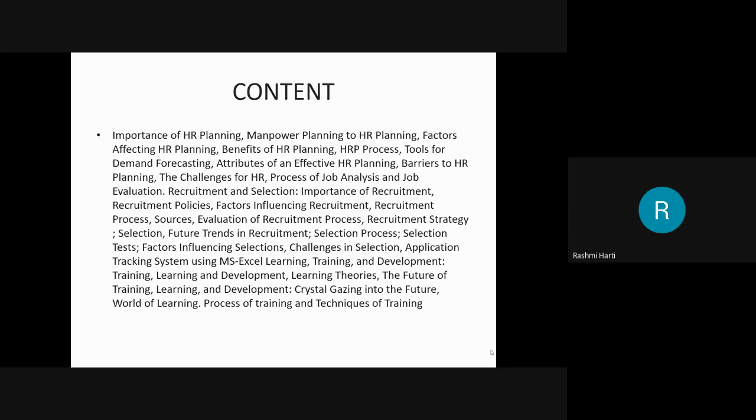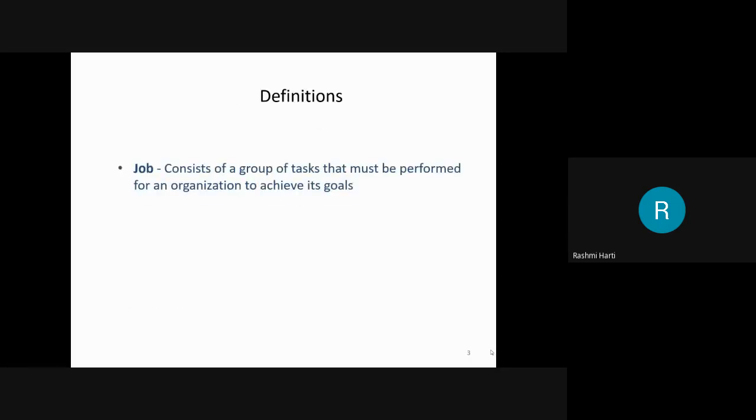Okay, so first, my dear students, what exactly is a job? A job consists of a group of tasks that must be performed for an organization to achieve its goals. What is the goal of the organization?